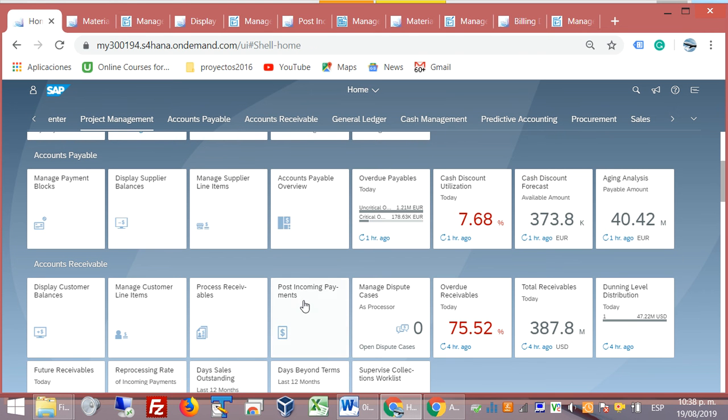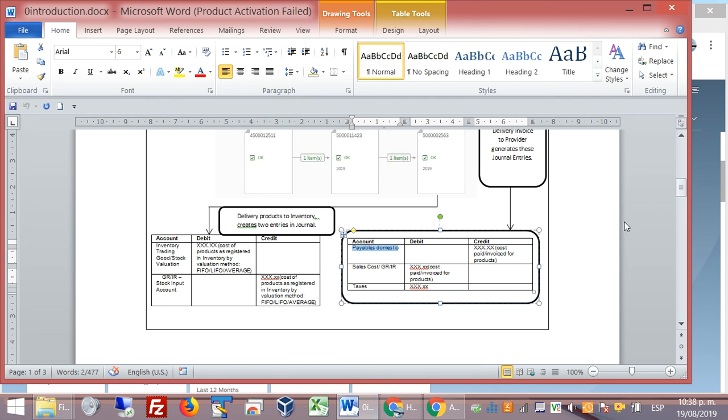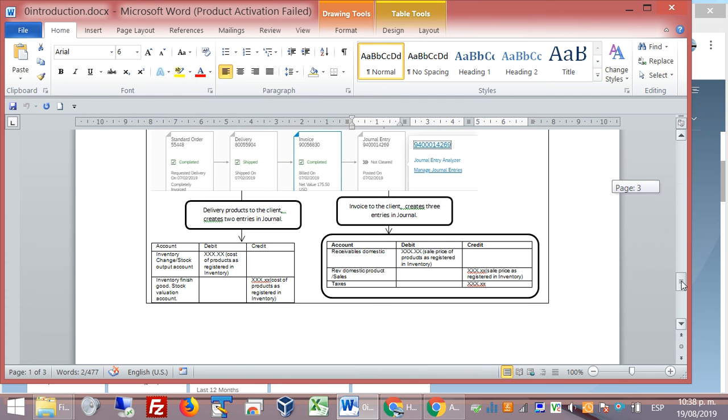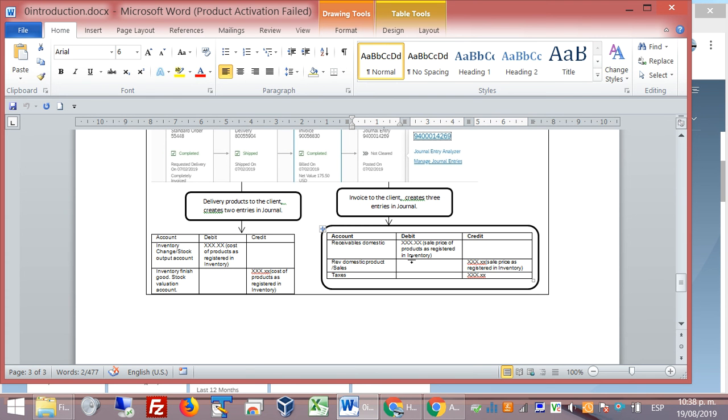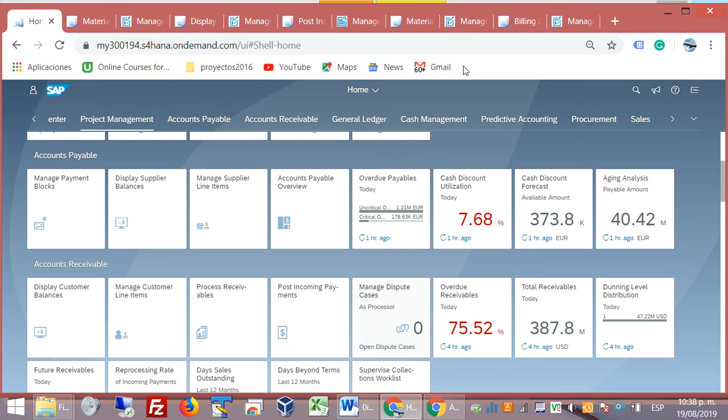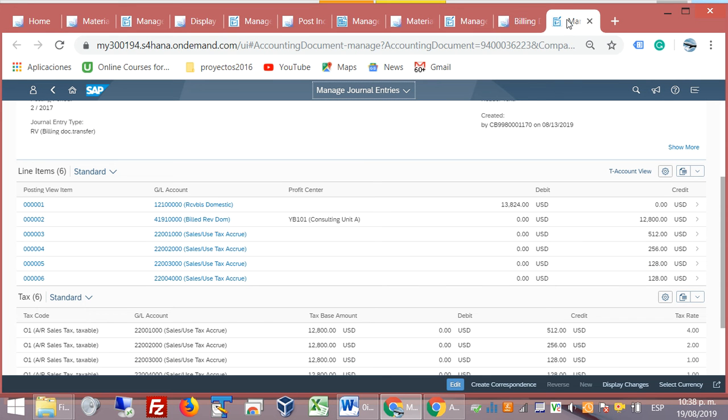Okay, so also when we do a sale, that means that we have a receivables domestic, affecting an account of receivables that is represented here on this movement of SAP on the receivables domestic.